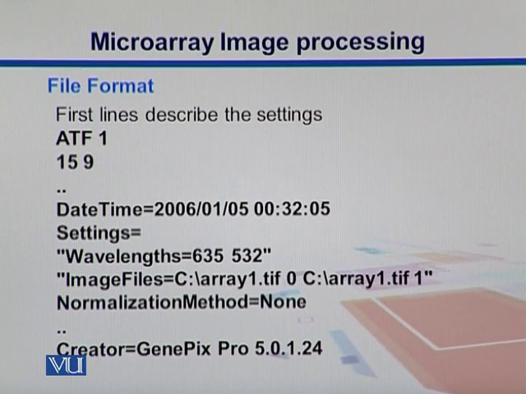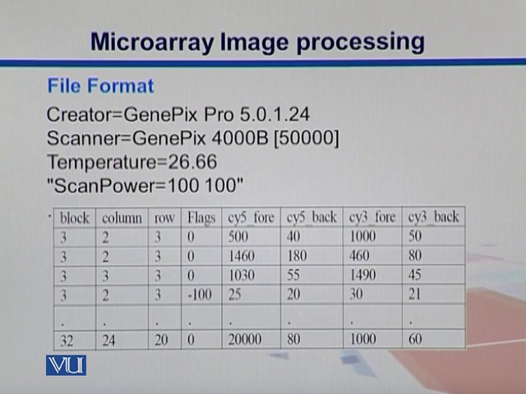So they are represented here as 635 and 532. And we have image files. What is the file name where we are saving that? Normalization so far is not done, so that's a raw file. And then the software with which it was created. So it looks like this. The temperature is also reported.